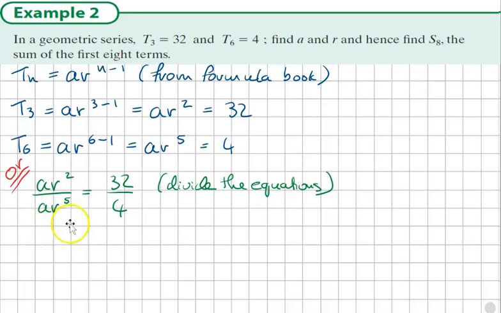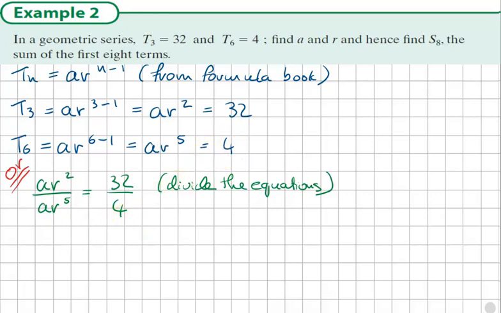Or if we decided to put the lower power on top, we're still going to divide the equations. So we have a r squared equal to 32 as our numerator, which came from up here, and the denominators are a r to the power of 5 and 4, which came from down here.